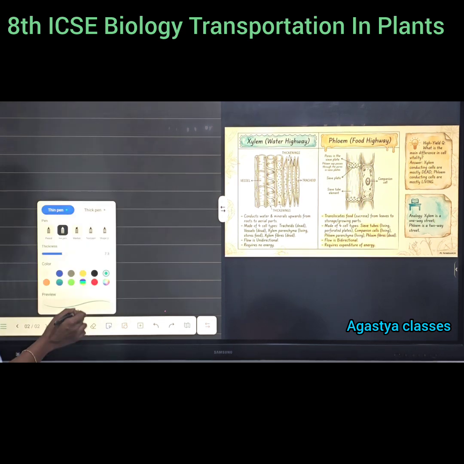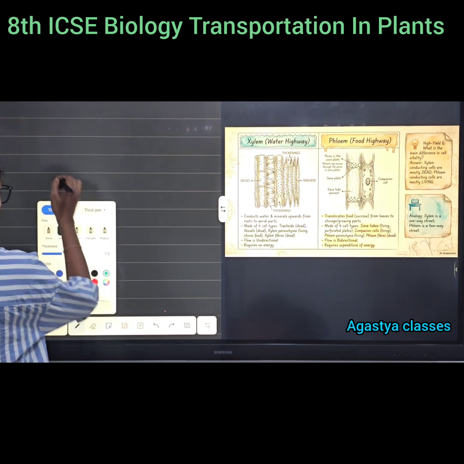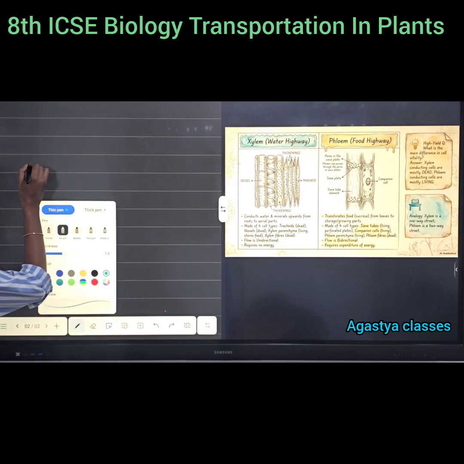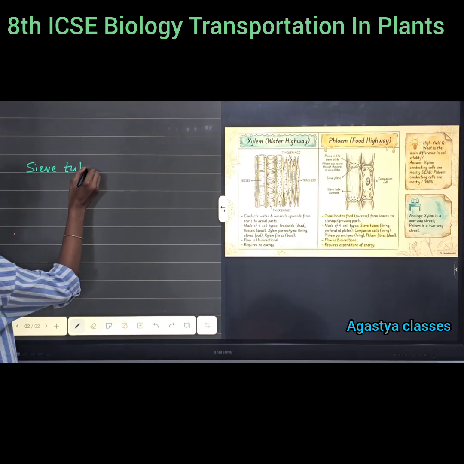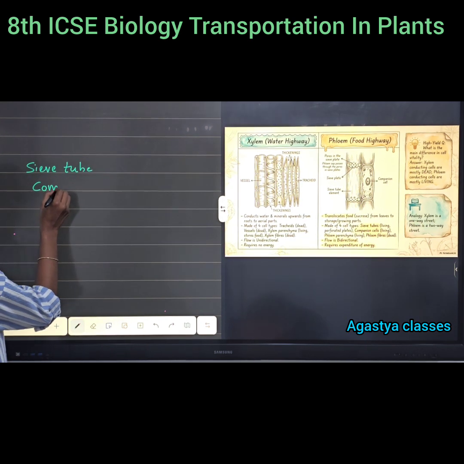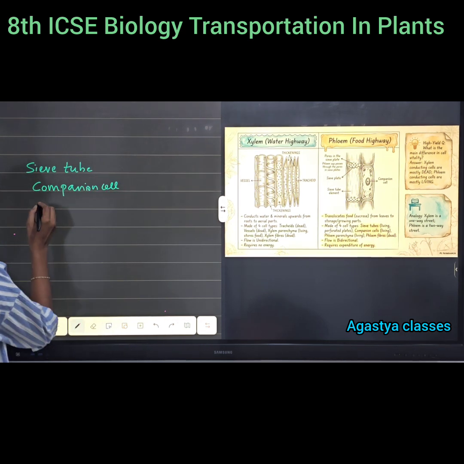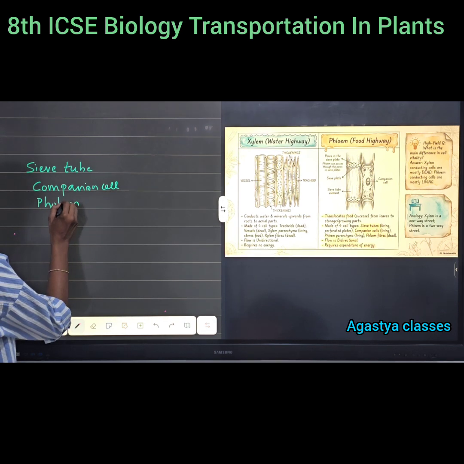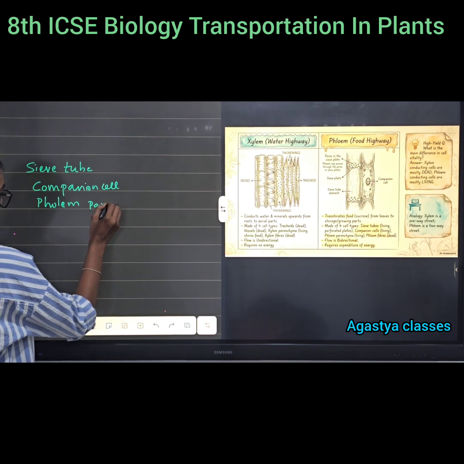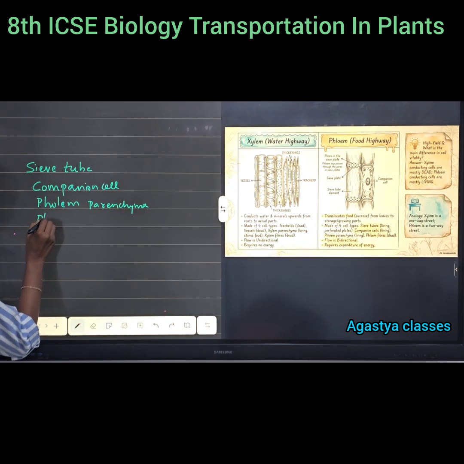So let us see which are the cells that are present in phloem. Phloem is made up of sieve tube, companion cell, phloem parenchyma, and phloem fiber.